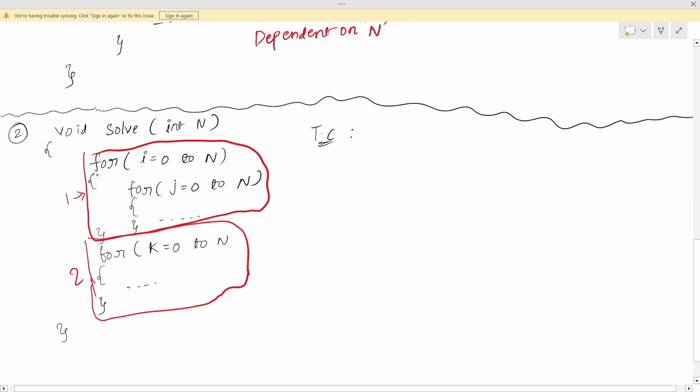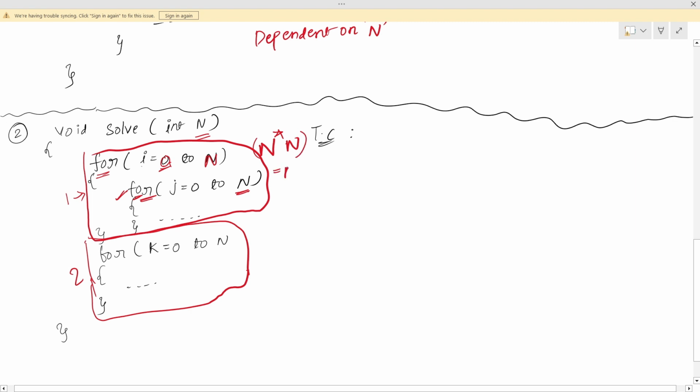In this first part, you can see two for loops. That means for every i value, this for loop is running for n times. For i0, this second loop runs for n times. For i1, this second loop runs for n times. Similarly for in, whatever the input you give, it will run for n times. That means for any n value, it is n into n.